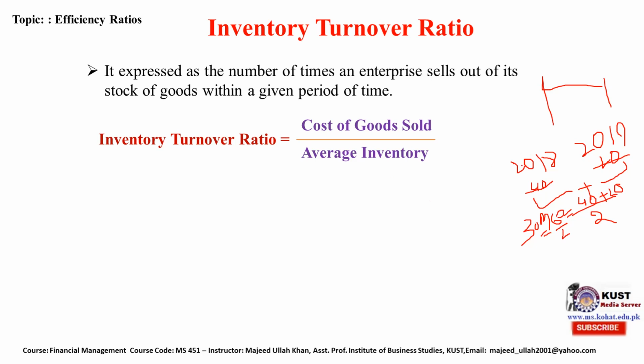So the average inventory is 30 million, and cost of goods sold will be for 2019. If inventory is not available for both years, you may use the inventory of that specific year for which you are going to calculate the inventory turnover ratio.